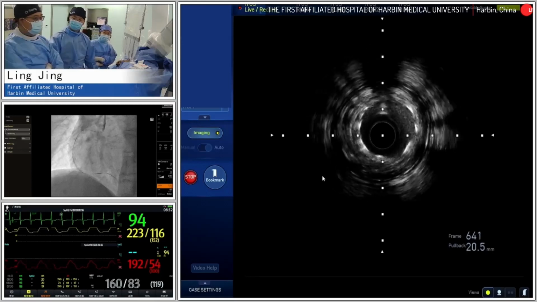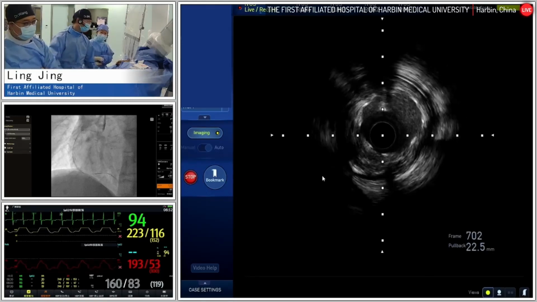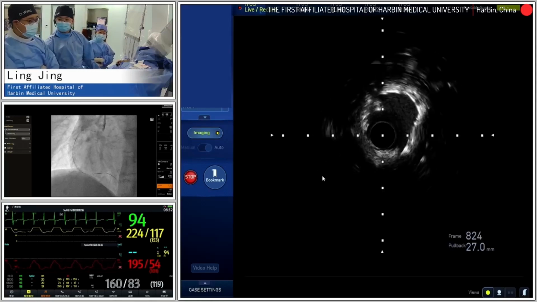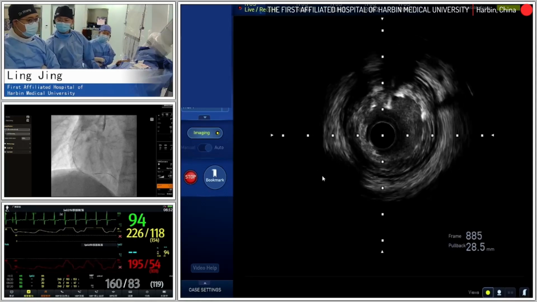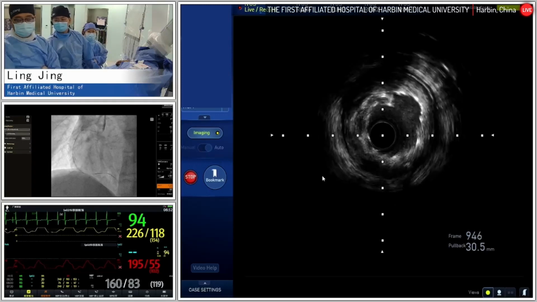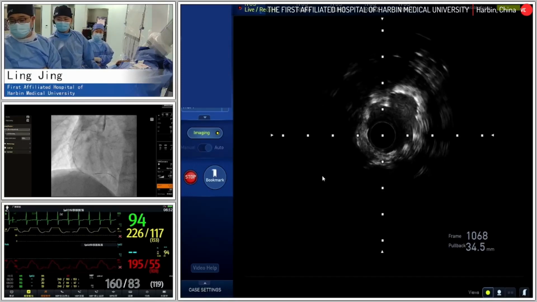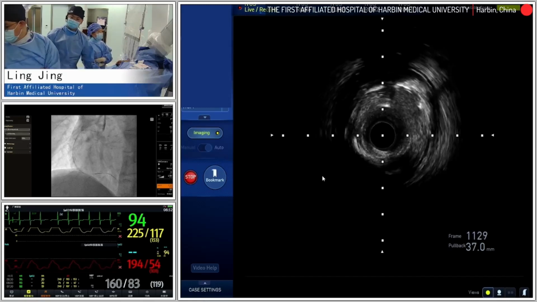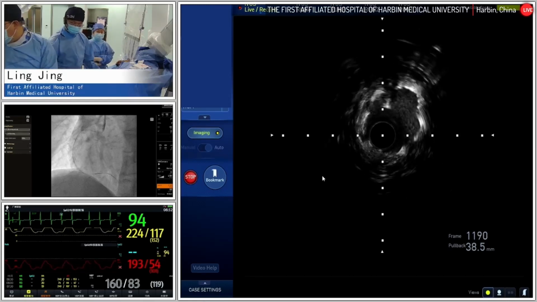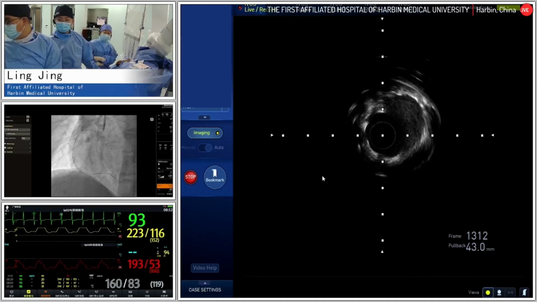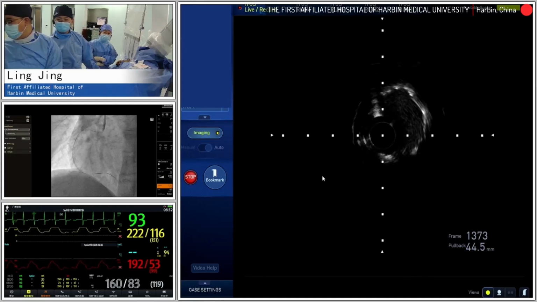NC balloon. It seems that this is the attenuated spot. The stent needs further NC balloon post dilation, but we didn't see a very severe asymmetry in this case.